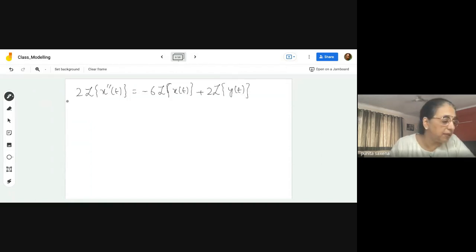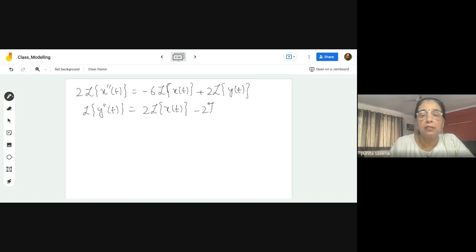If we take the Laplace transform on both the given differential equations, the second will give us the Laplace of y double dash t equal to twice the Laplace of x(t) minus twice the Laplace of y(t) plus 40 times the Laplace of sine 3t, right?